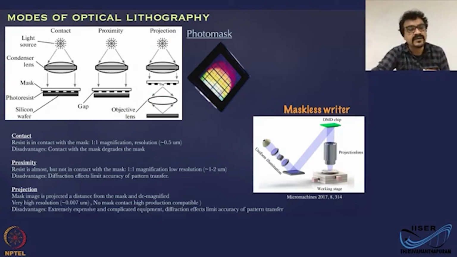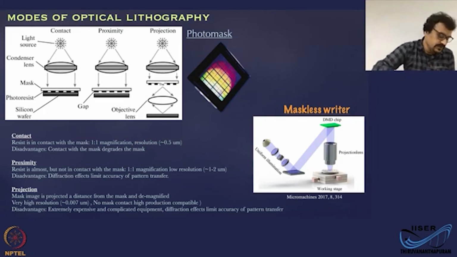In the contact mode, whatever substrate you have, you hard press onto the mask and then expose to the radiation. In this case, you will get a one-to-one magnification, and you can also get a resolution which is a fraction of a micrometer.